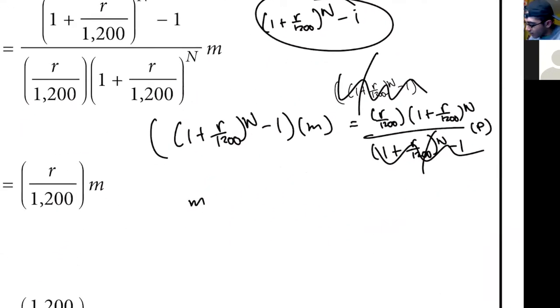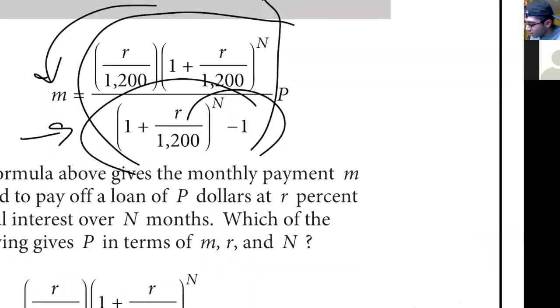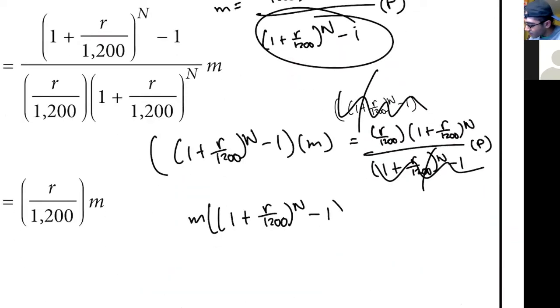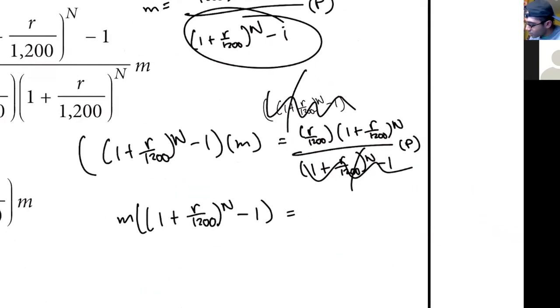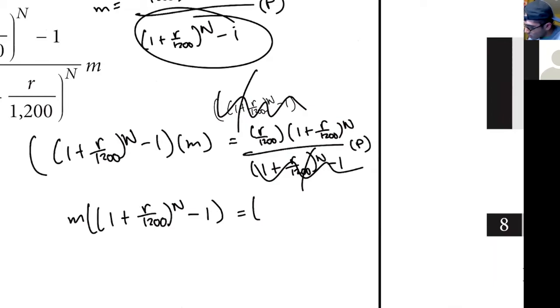So we're left with M multiplied by (1 plus r over 1200) to the power of n. Was it minus 1 or plus 1? It was minus 1, right? Yeah, it was minus 1. All right, cool. And that is equal to r over 1200 times (1 plus r over 1200)^n, times P. All right, do you guys understand this much now?